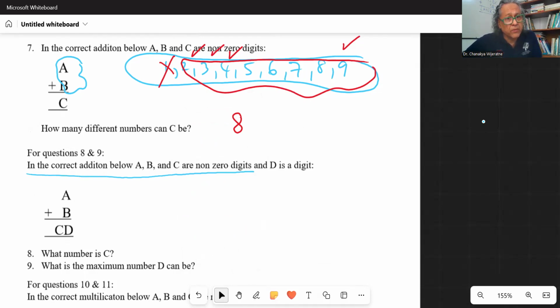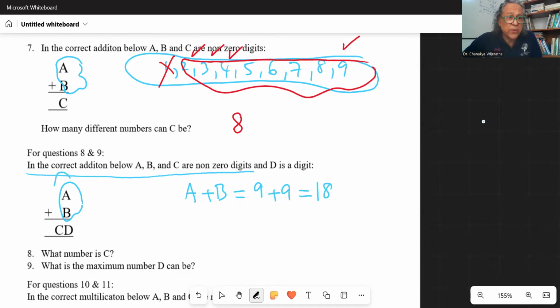Well, if it is non-zero, it has to be one of those from 1 to 9. But since we add two numbers which are less than or equal to 9, the maximum of A plus B is, sorry, what? 9 plus 9 is 18, right?